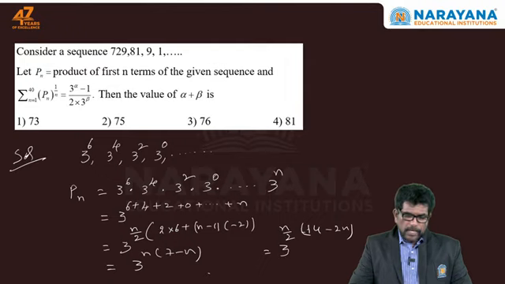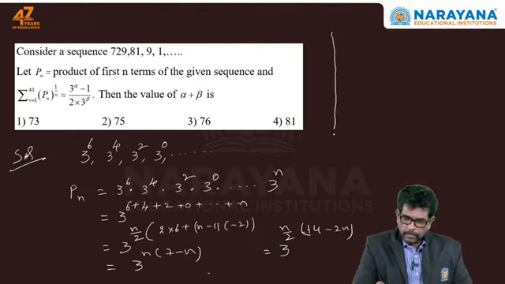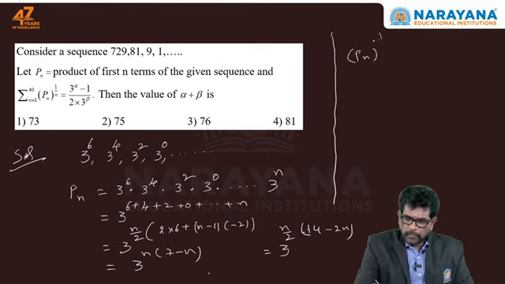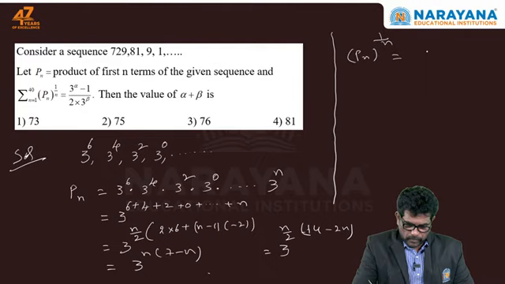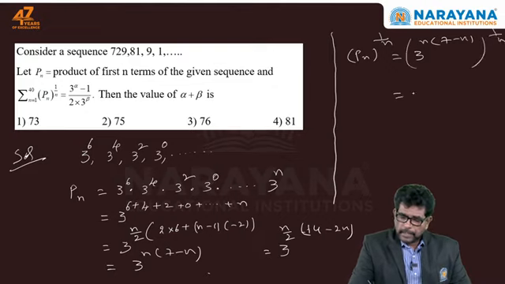Now, we are going to calculate the summation from n equals 1 to 40 of Pn whole to the power of 1 by n. Observing, Pn whole to the power of 1 by n is equal to 3 to the power of n times (7 minus n), whole to the power of 1 by n. That is 3 to the power of 7 minus n.